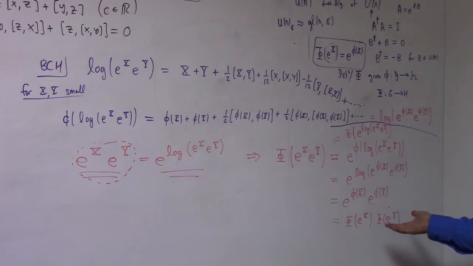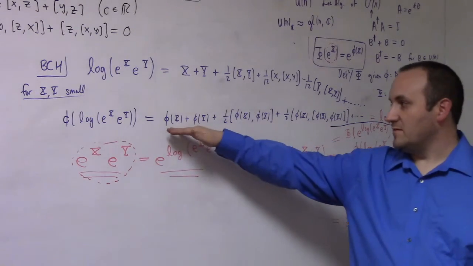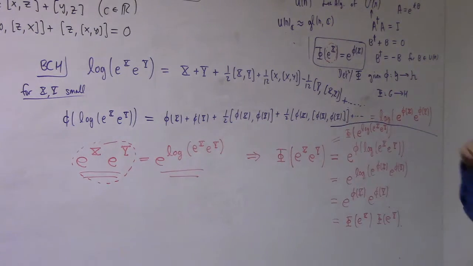The structure of the Lie algebra homomorphism. Exactly, it's coming from the fact that we had a Lie algebra homomorphism up here, connecting H and G, I suppose.